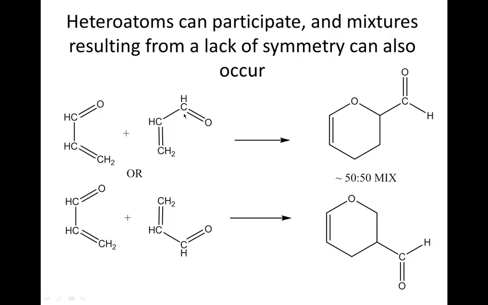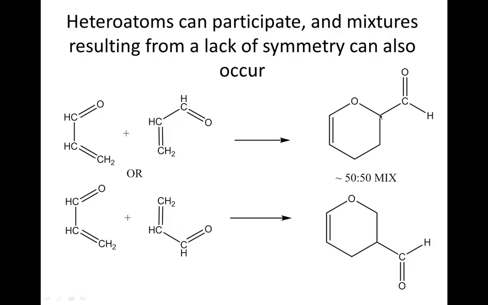But if they went together this way or if they go together this way, you get two different molecules. If they go together this way, it's the same molecule drawn exactly the same way, then I flip this one. In this case, the side chain aldehyde is further away from the oxygen that's part of the ring than it is here.